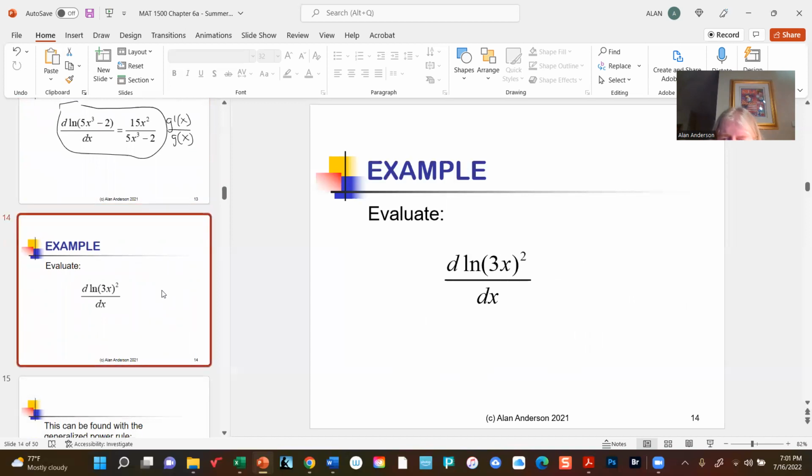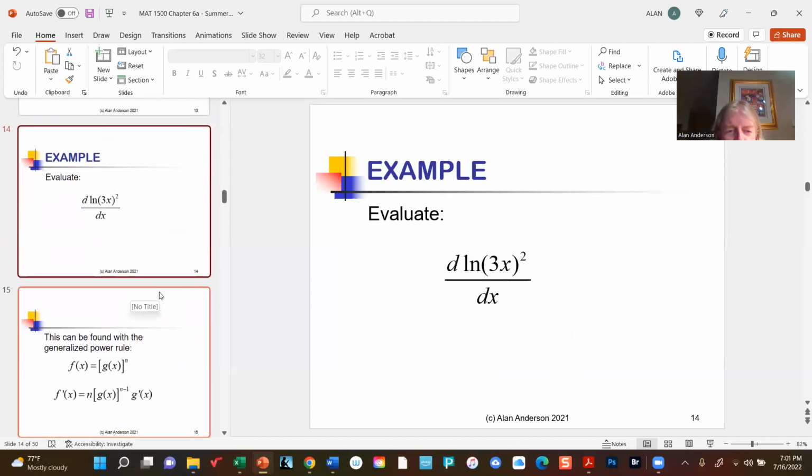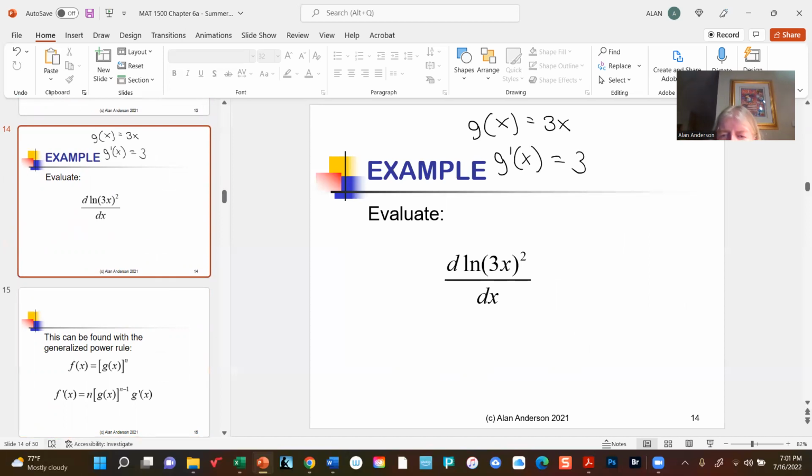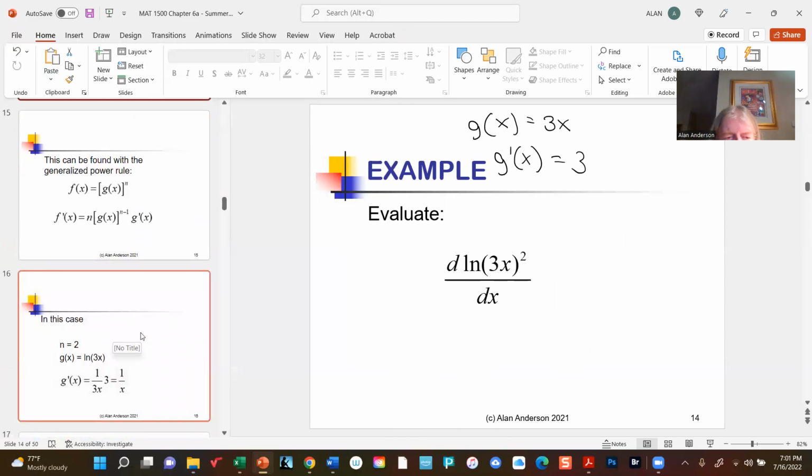Now here's another possibility. So we're going to use the power rule again. Think of this as g of x could be 3x. Oh, no, wait a minute.